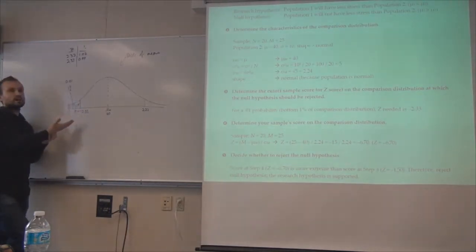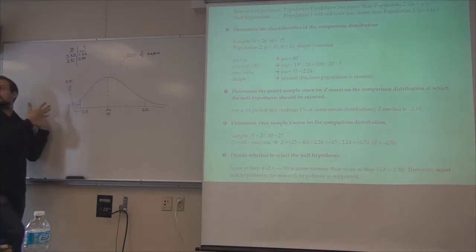So the only way, realistically, that I would get something over here is if there's an actual shift towards that side, because it is so unlikely to just randomly get it if there was no effect in the treatment.